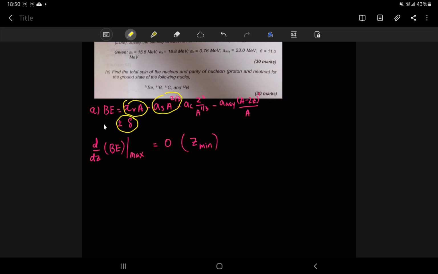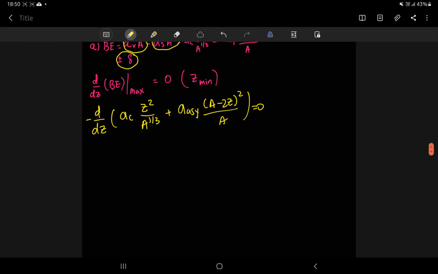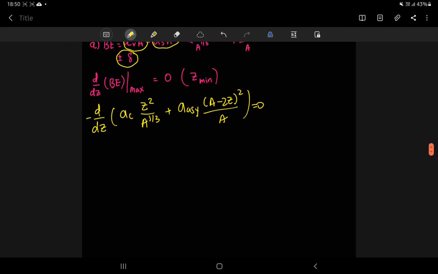So we are just left with minus A_C Z squared over A to the power of 1/3 plus A_asym (A minus 2Z) squared over A, set to 0.